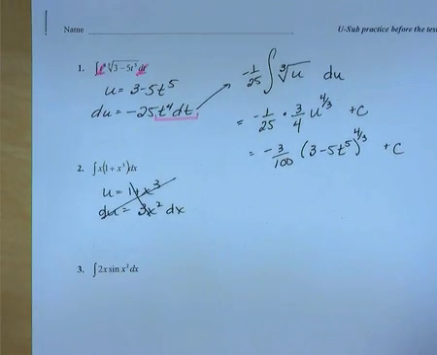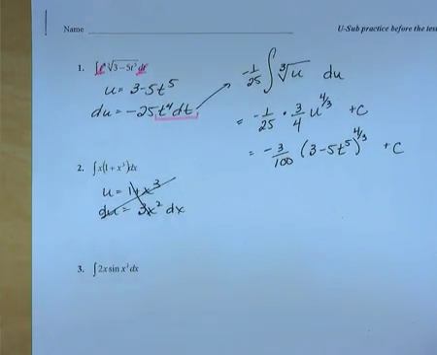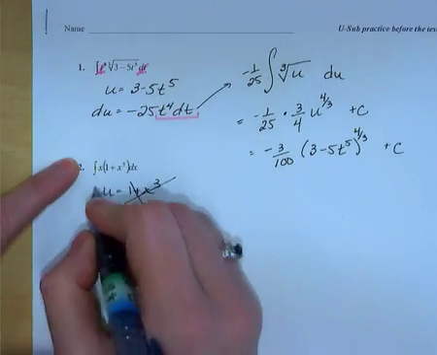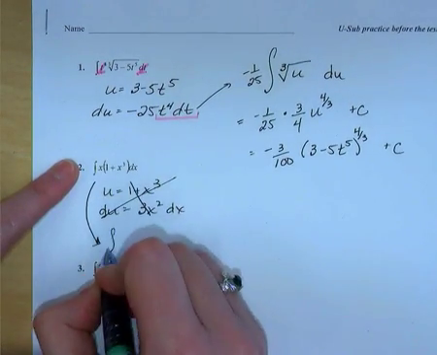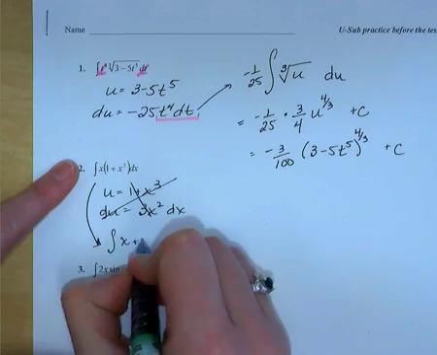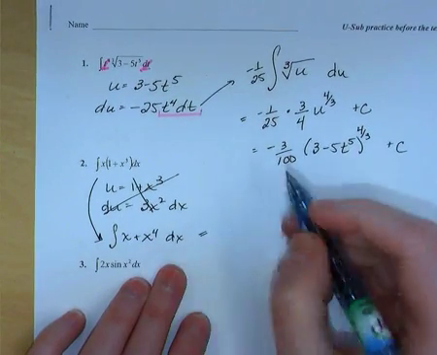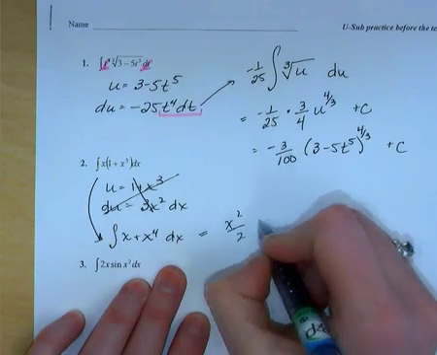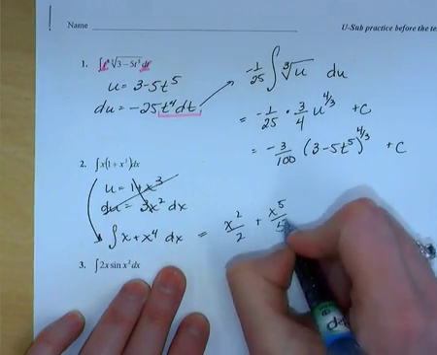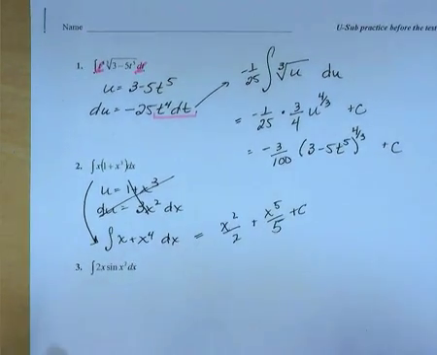You cannot get an x squared in there. So what you have to do is distribute, and this integral becomes x plus x to the fourth dx. Now it's a nice easy integral. X squared over 2 plus x to the fifth over 5 plus c, and you're done.